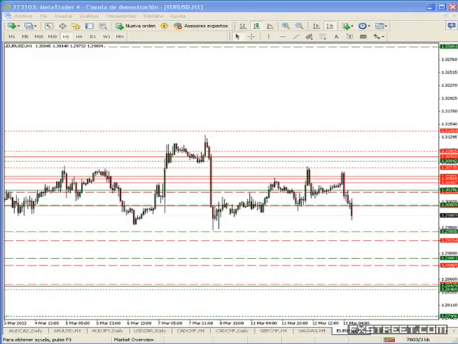As a trader, I want to know where liquidity is being offered and where liquidity is being consumed. Liquidity is being offered through limit orders, basically. Limit orders are the mechanism the market has to auction prices. If I set a limit order on my platform, I am announcing to the rest of the market participants: at this level I would like to buy, or at this level I would like to sell.